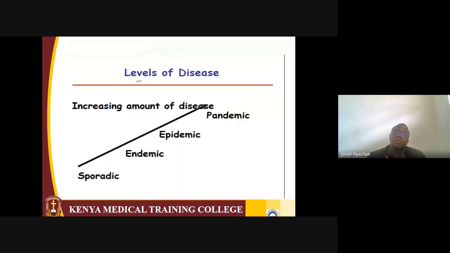So this is the level of disease. We start, this level goes upwards. So when you're talking about sporadic diseases, what do we mean when we're talking about a disease being sporadic? Anybody who can say if you know sporadic?